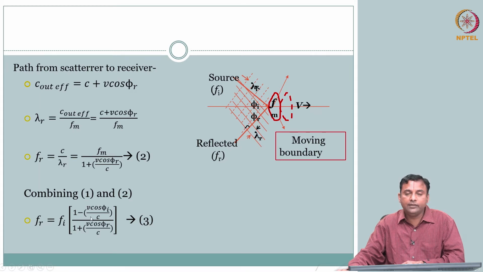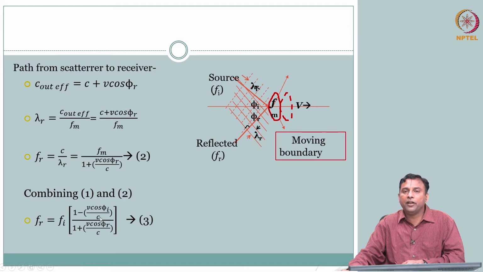What is this fraction? You have v cos, the velocity component of this moving object, moving interface, with the c. C is the phase velocity, the velocity with which the sound is moving. So for most cases you will realize that v is much smaller than your c. C is what?